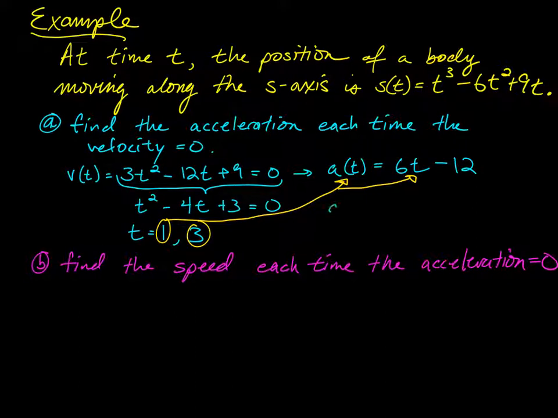So the acceleration at time 1, if you substitute 1 for t, you get 6 times 1 is 6, minus 12 is negative 6. And over here, if you substitute the 3 in for t, you will see that a at time 3 is positive 6.